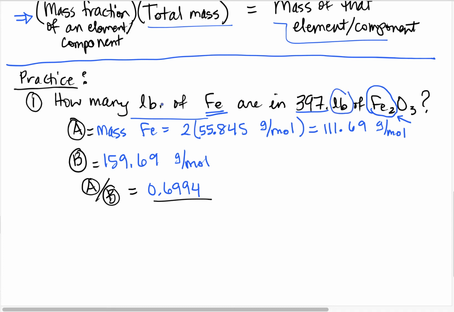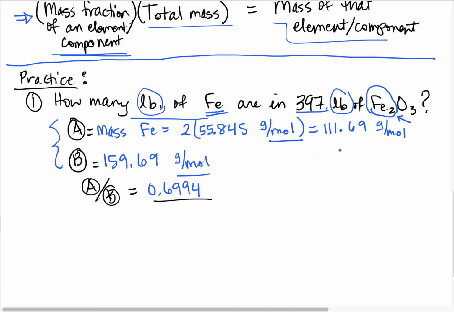The units are pounds, which is different than the units of grams per mole, and it's not a unit that we use a whole lot, but I wanted to illustrate using this to have you notice that you don't actually have to convert the pounds into anything, because you're starting with pounds, you're ending with pounds, and you're multiplying by a number that does not have a unit, which is the fraction.